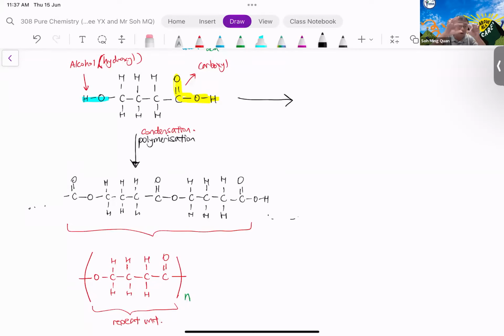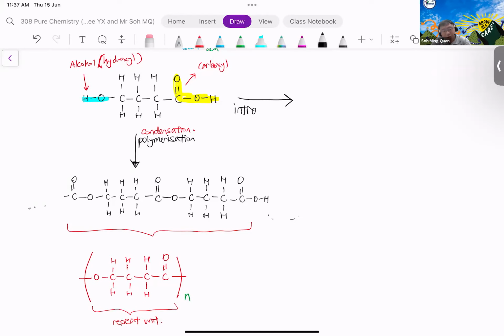It looks like all the bonds are straight, but in reality, the bonds aren't linear like this. The atoms and bonds have a bond angle and it's not linear, all right? So the alcohol group is able to react with the carboxyl group within the same molecule.